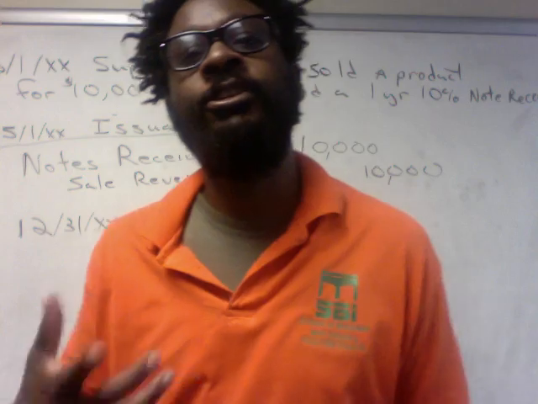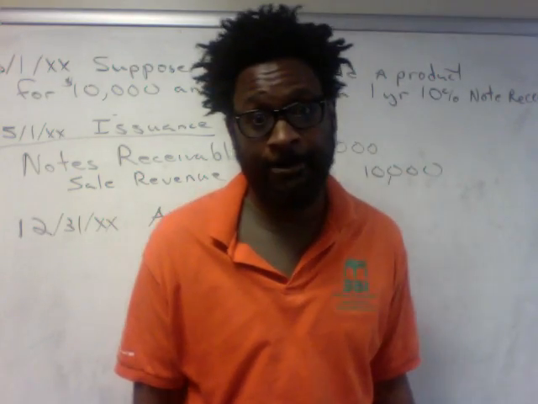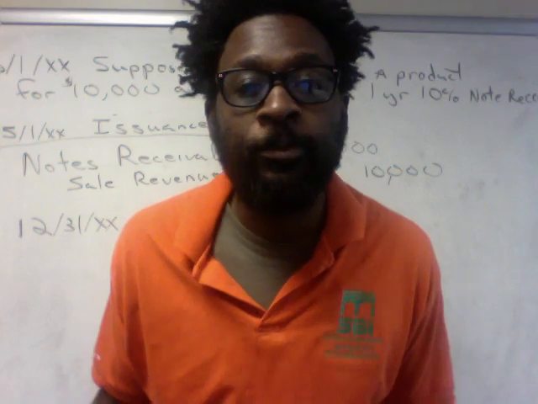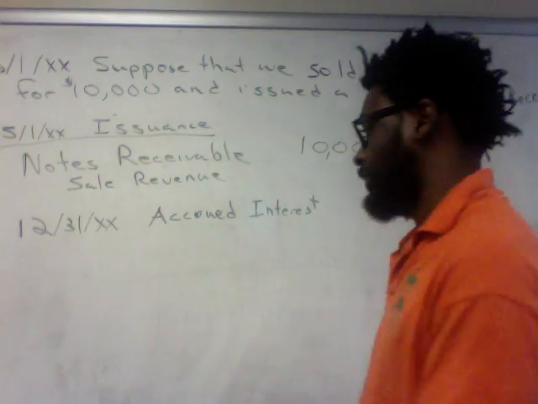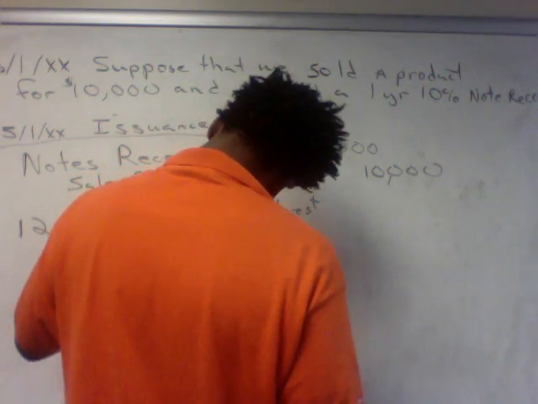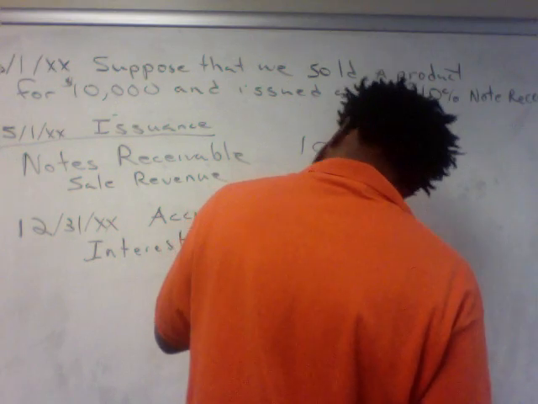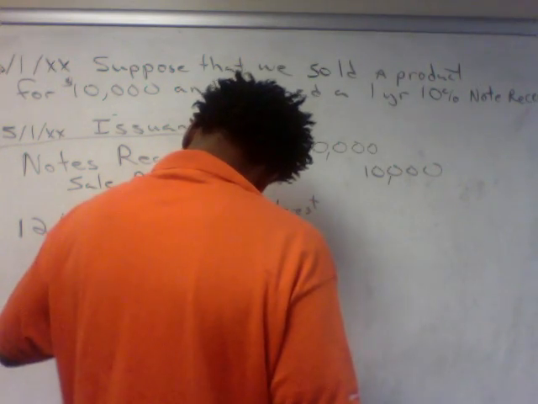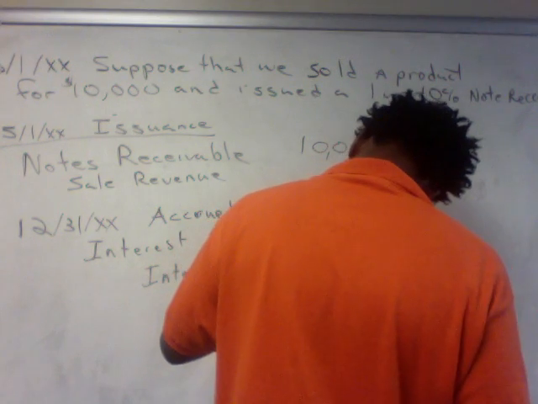So how do we journalize a revenue that you've earned but haven't received? We debit a receivable and we credit the revenue. And that's what we're going to do for this interest. We're going to debit interest receivable, and we're going to credit interest revenue.